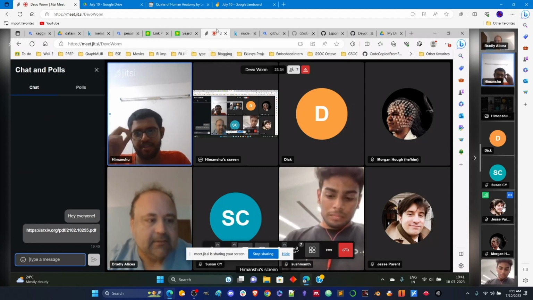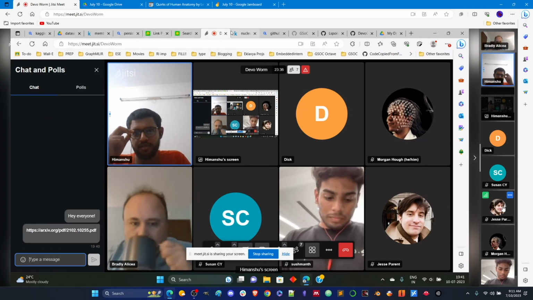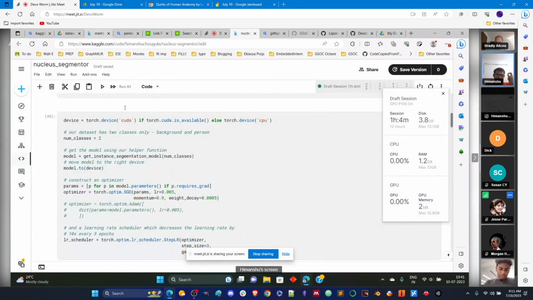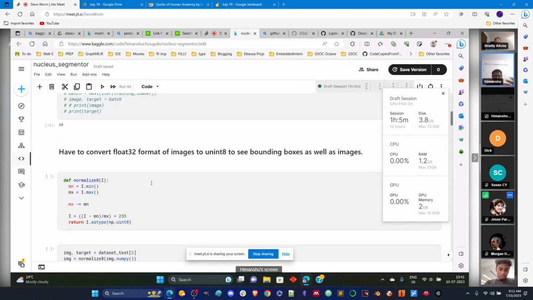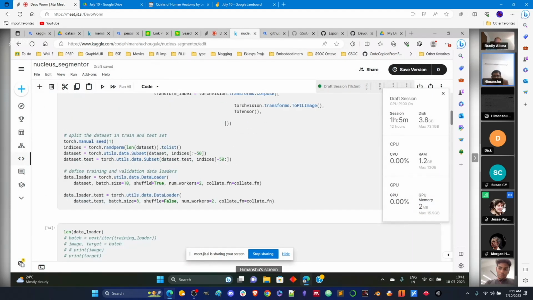Basically, I've come up with two approaches. One is to focus more on the data set, because right now I'm taking all the images which were given, and since it was a TIFF file, we converted the TIFF file into PNGs, a series of images.